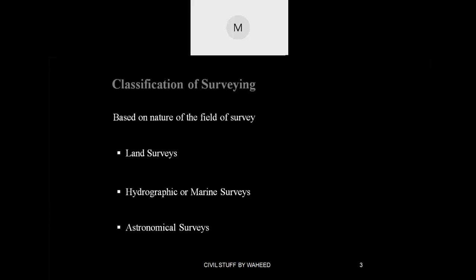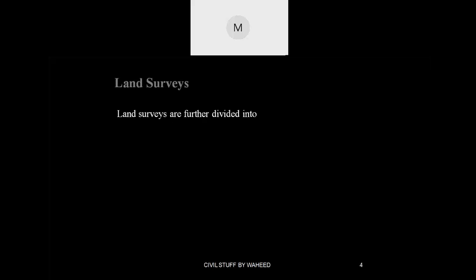Now we'll see for what purpose you are going for land surveys. Here the land surveys are further divided into topographical survey, cadastral survey and city survey. As I explained earlier, topo means many, graphically means you will be collecting many details, either those may be naturally available or artificially developed.